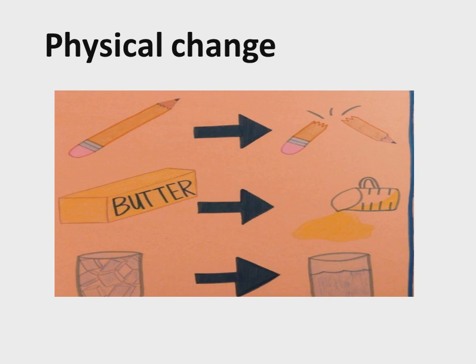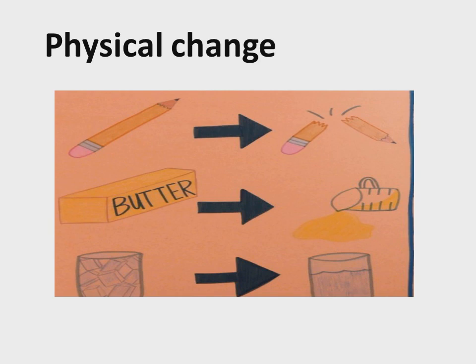For example, now a solid butter is melted to become a liquid. Now the state of matter here is the change. Likewise, ice is melted to become liquid water.